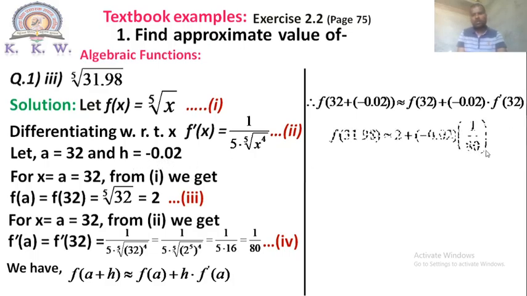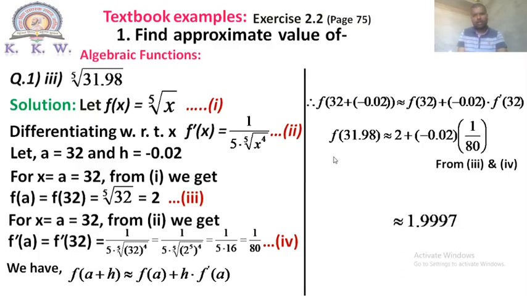By putting these values in the equation and simplifying, we'll get f of 31.98 approximately equal to 1.9997. Therefore, the approximate value of the fifth root of 31.98 is 1.9997.